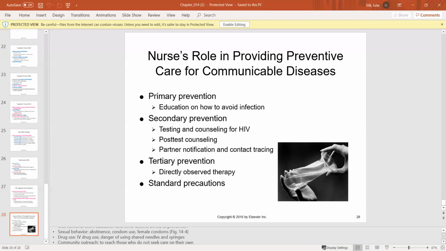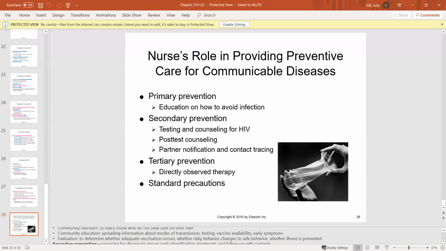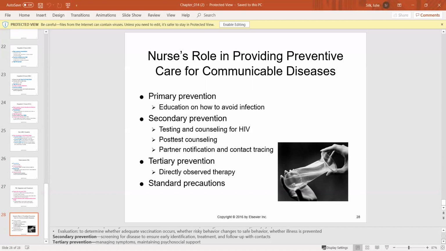With community outreach, reach out to those who do not seek care on their own. With community education, you want to spread information about modes of transmission, testing, vaccine availability, and early symptoms. And then with evaluation, you want to determine whether adequate vaccination occurs, whether risky behavior has changed, or whether the illness is prevented.